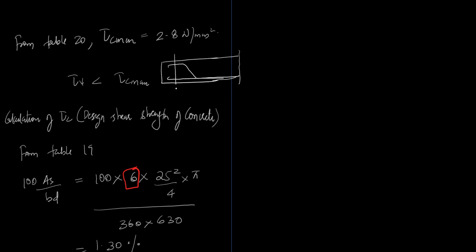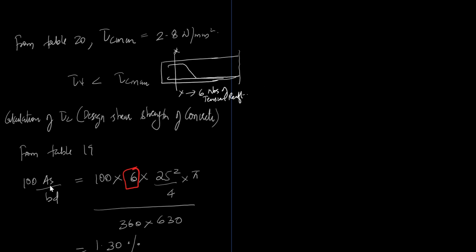So if I am taking a section at the support where I am calculating the shear force, there will be only 6 numbers of tension reinforcement.